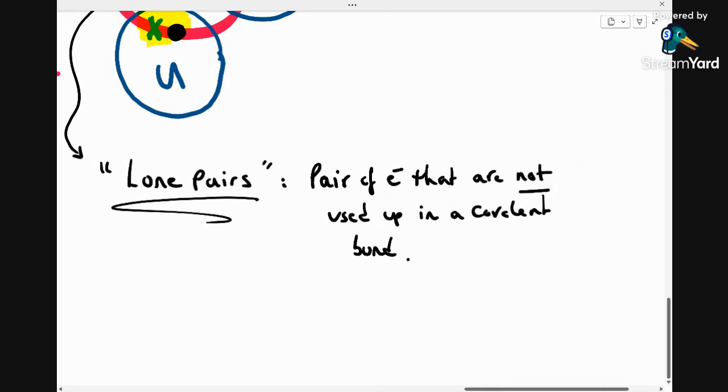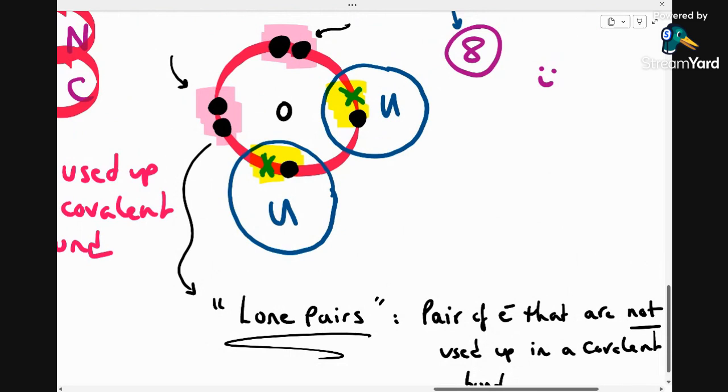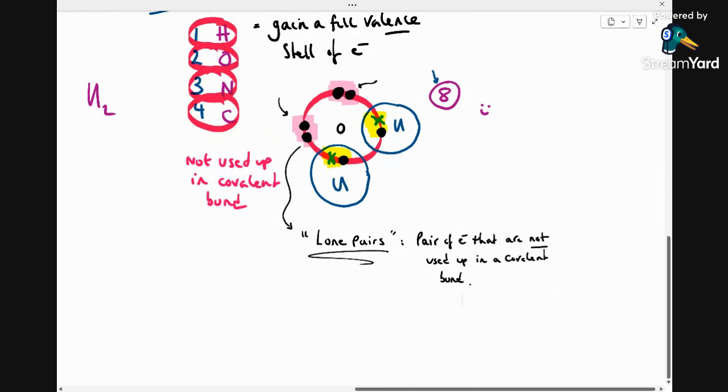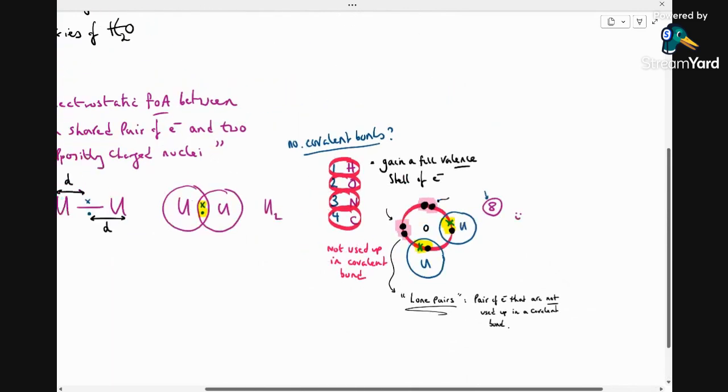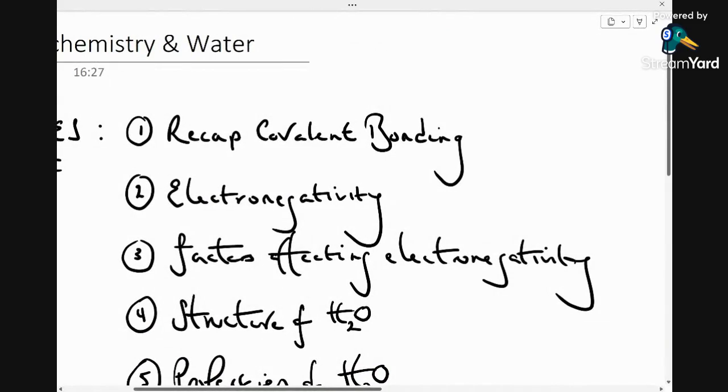We've got a full octet, we've got a full shell, valence shell, outer shell of 8 electrons. In this case with oxygen by only forming 2 covalent bonds. Hopefully that makes sense. So that's the first objective ticked off. That's just a very quick, reasonably superficial recap of chemical bonding, but there you go, from hopefully GCSE chemistry.